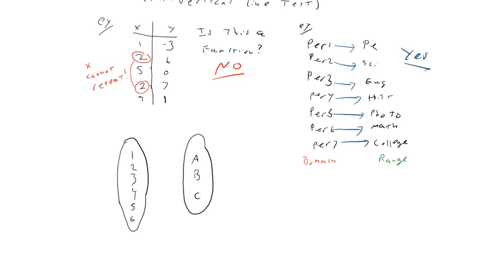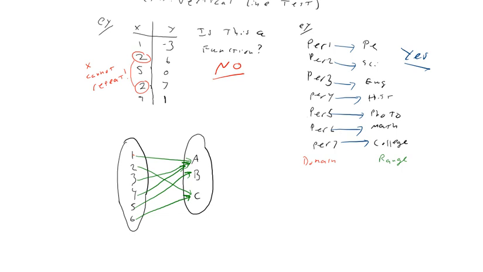So person number 1, their name starts with A. Person number 2's name starts with C. But person number 3's name also starts with A. And person number 4 as well. Person number 5 starts with B. And person number 6 also starts with C. So we've got this kind of crazy map going on here.